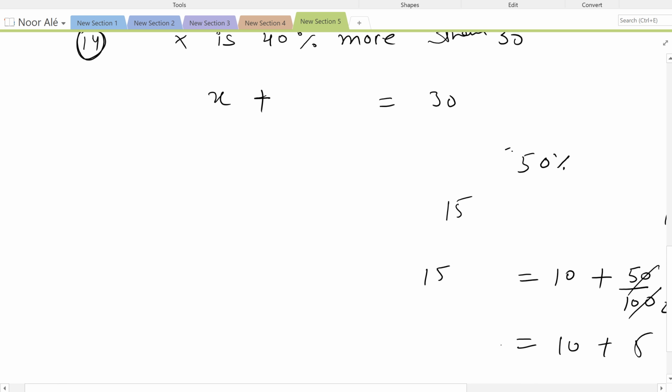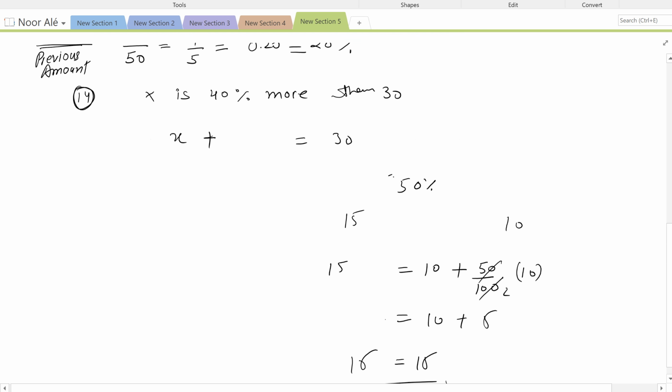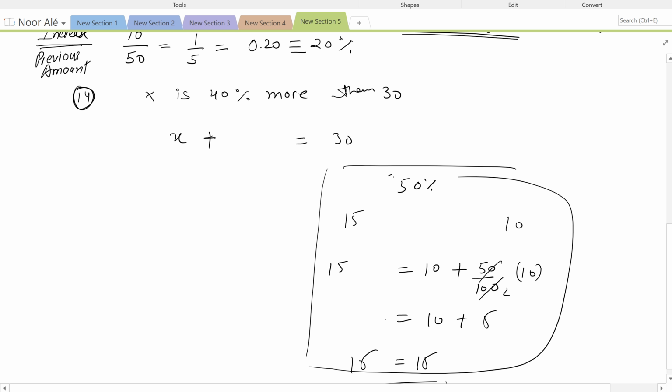So in the same context, if you go with the same example analogy that we have there, let me write it. So x is 40% more than 30. That means x equals 30 plus 40% of 30, right?